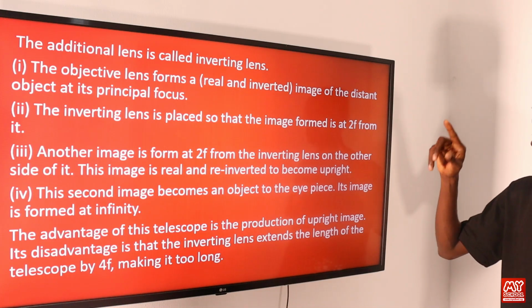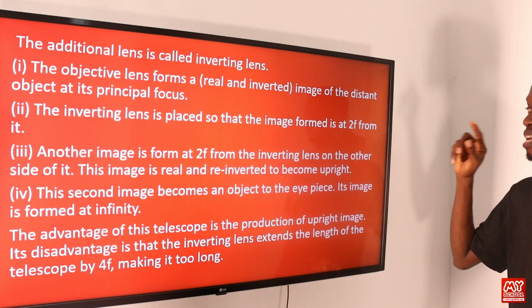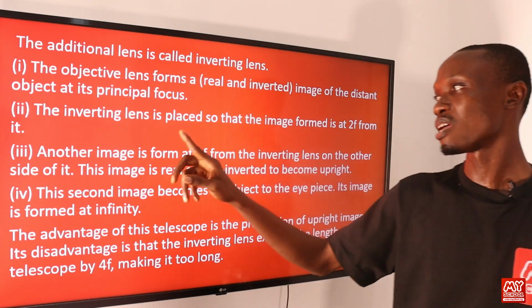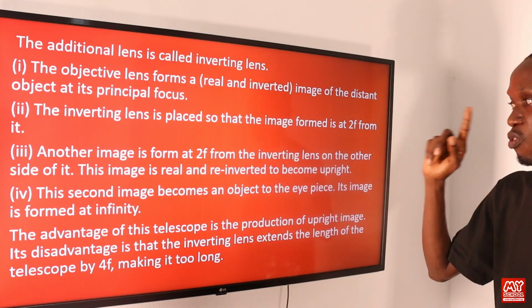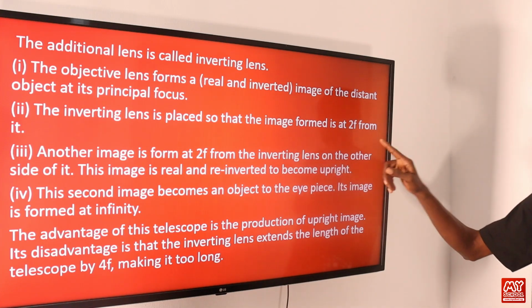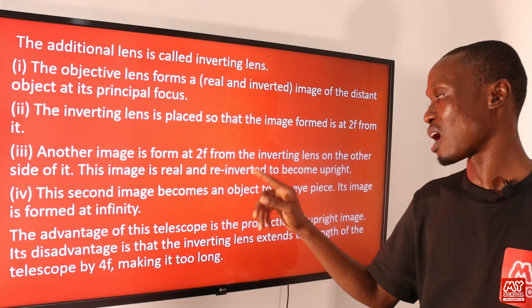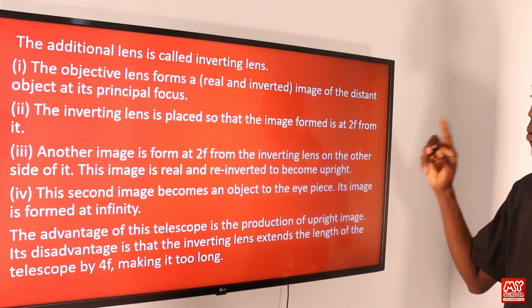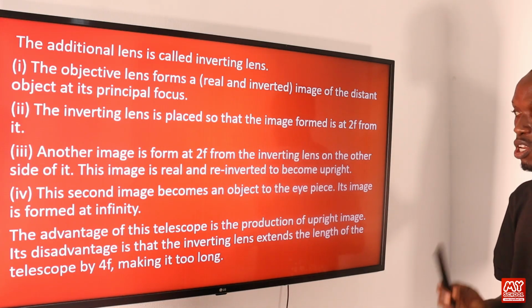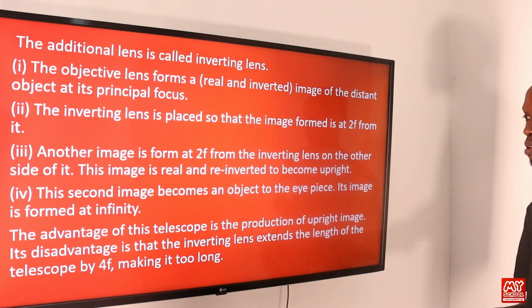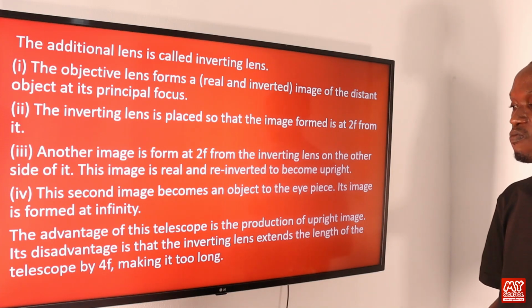Then another image is formed at 2 times the focal length from the inverting lens on the other side of it. This image is re-inverted to become upright. This second image becomes an object to the eyepiece. Its image is formed at infinity.